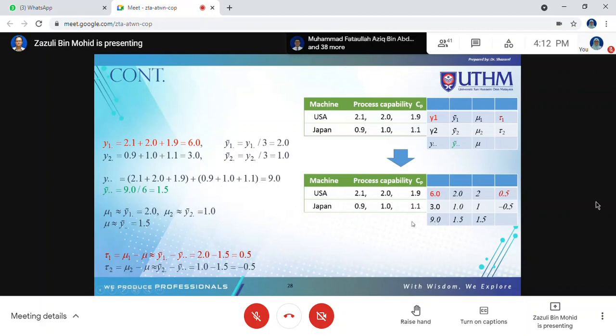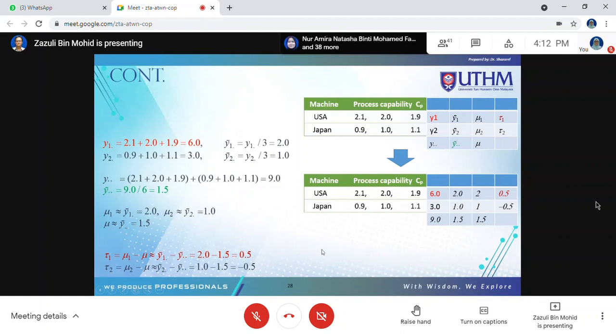And then the y bar dot is 9.0 divided by 6, whereby this 6 here is the total of the responses. You have 1.5. Okay, and then you have mu. Mu, you can assume it equal to y bar double dot, which is 1.5.